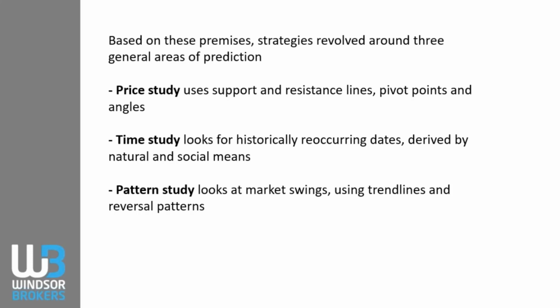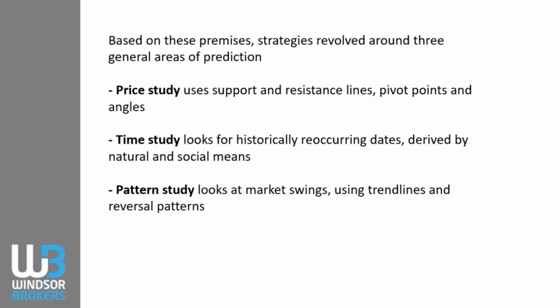So with these three premises used as a base, the strategies spread through three main areas of prediction. Gann studied the price using support and resistance lines, pivot points, and angles, to determine the direction of the price action and corrections, trends, and all these factors that are related to the price action.